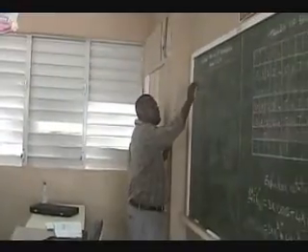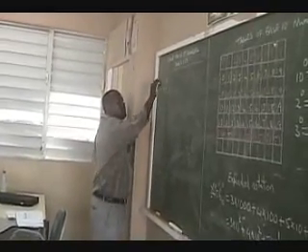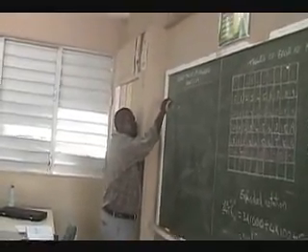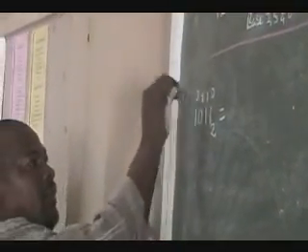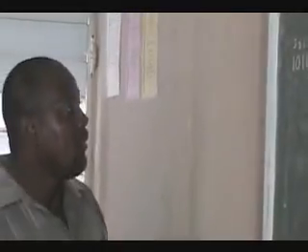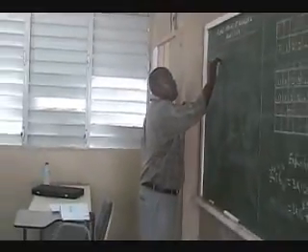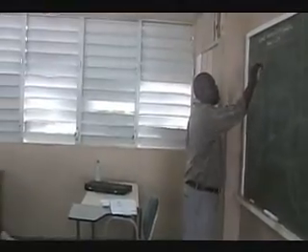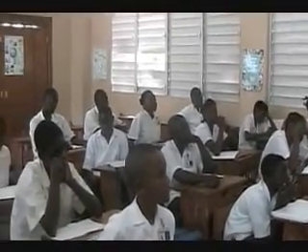You start off to the power of 0, then to the power of 1, then to the power of 2, then to the power of 3. Alright? So in expanded notation, this will be 1 times the base, which is 2 to the power of 3. Okay?